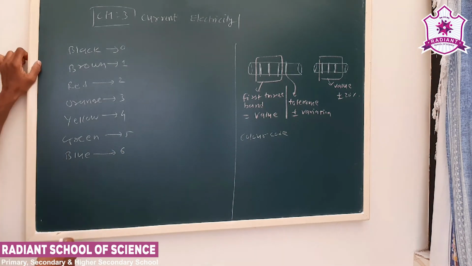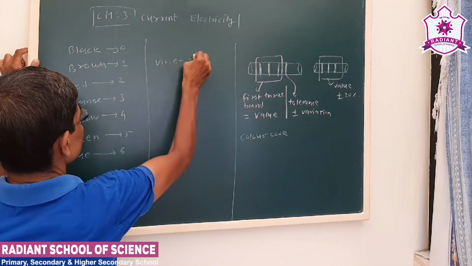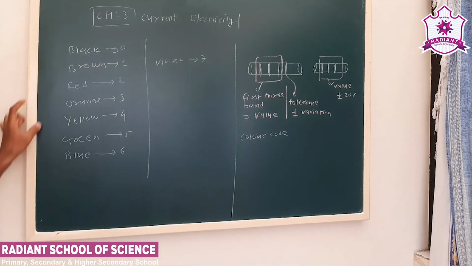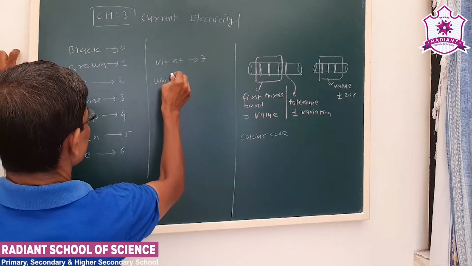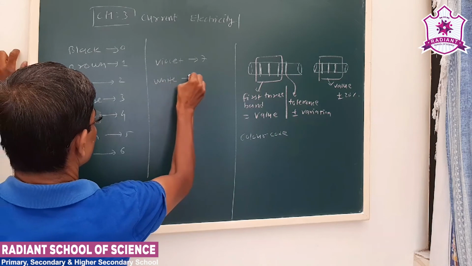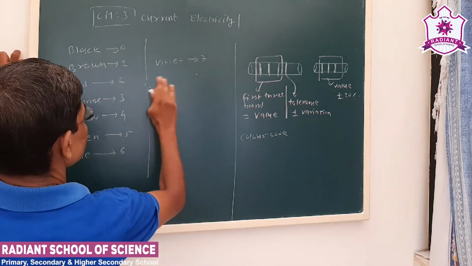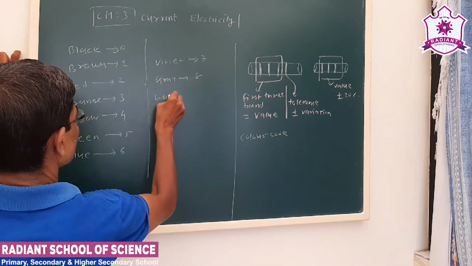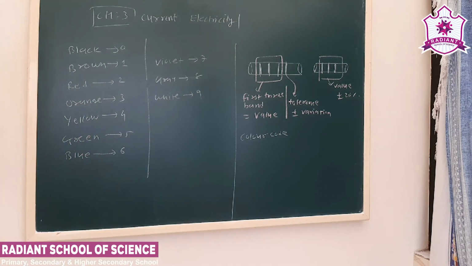BB Roy goes to gray white. Okay, now there is a specific color code.